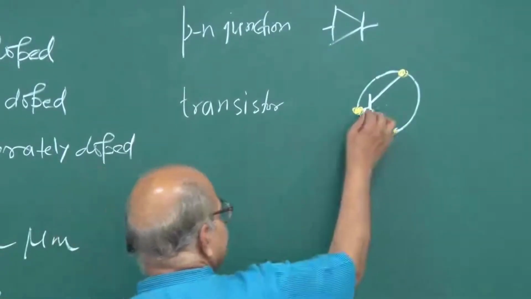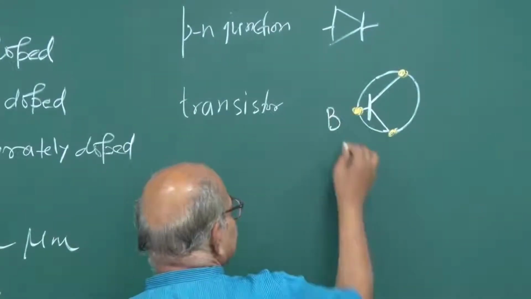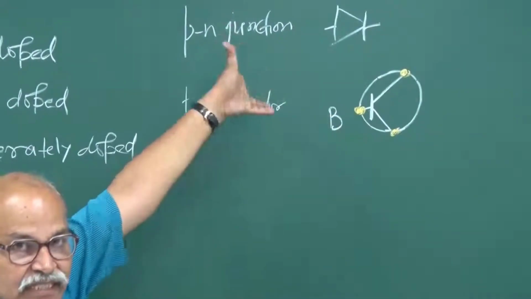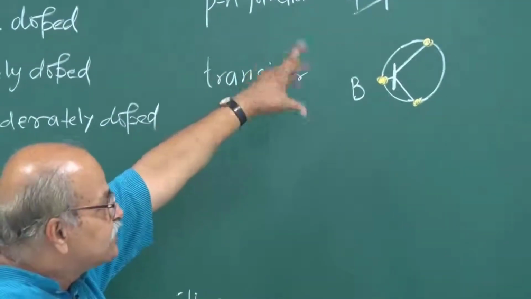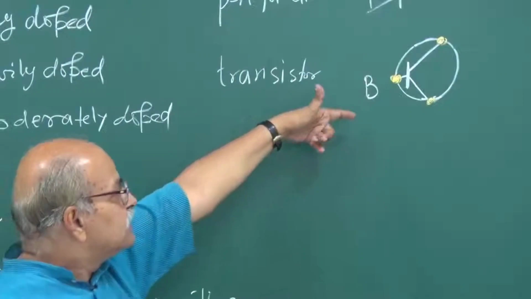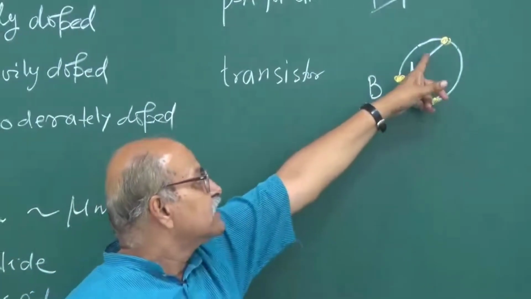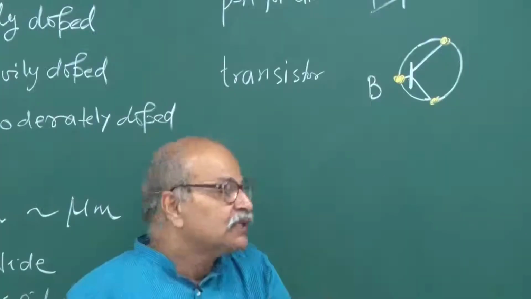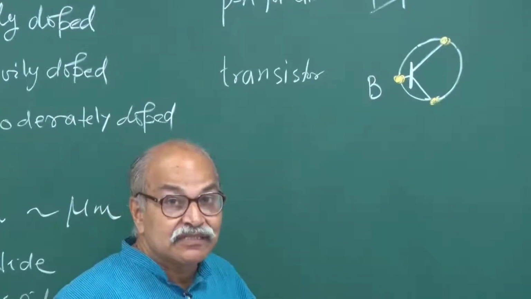This one is the base, and one of these is the emitter, another is the collector. How do we distinguish which is emitter and which is collector? In the symbol, we distinguish them by putting an arrow on the line corresponding to the emitter.